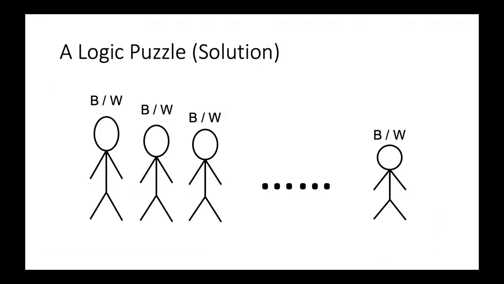Okay, now let us talk about how we solve the logic puzzle that we had last week. This one is we have a bunch of people with black and white hats, and then we need to get the answer from the tallest one to the shortest one. Someone got the answer already, or I forget. Maybe I have already talked about the answer. For this one, the answer is the last one.